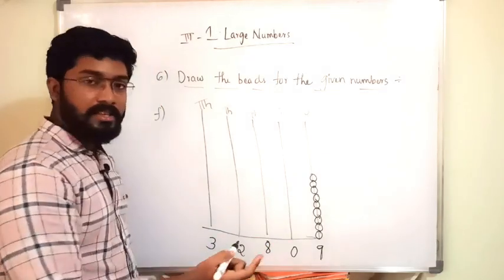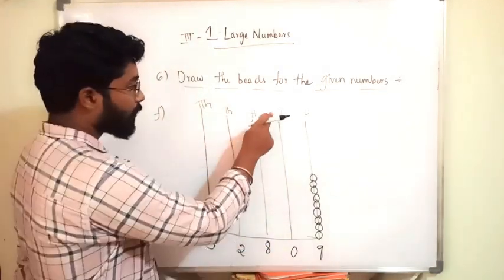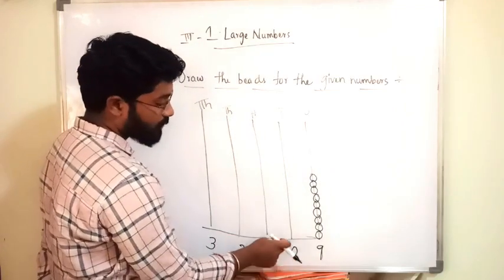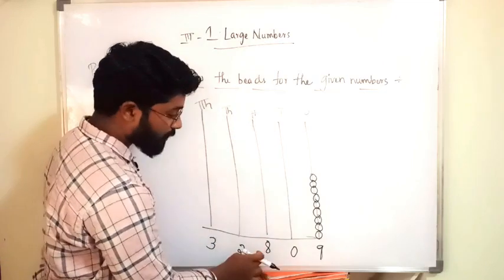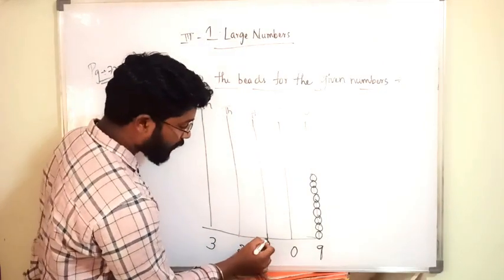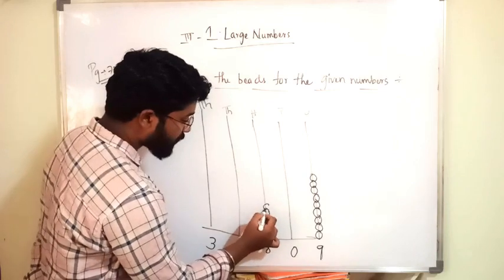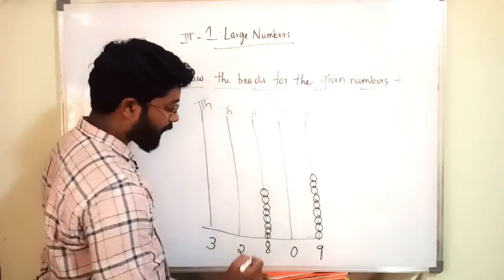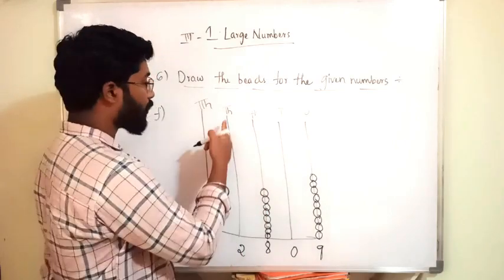So if 0 is there, we should not draw anything. Under 100's rod, which number is there? 8. So you have to draw 8 beads. 1, 2, 3, 4, 5, 6, 7, 8.